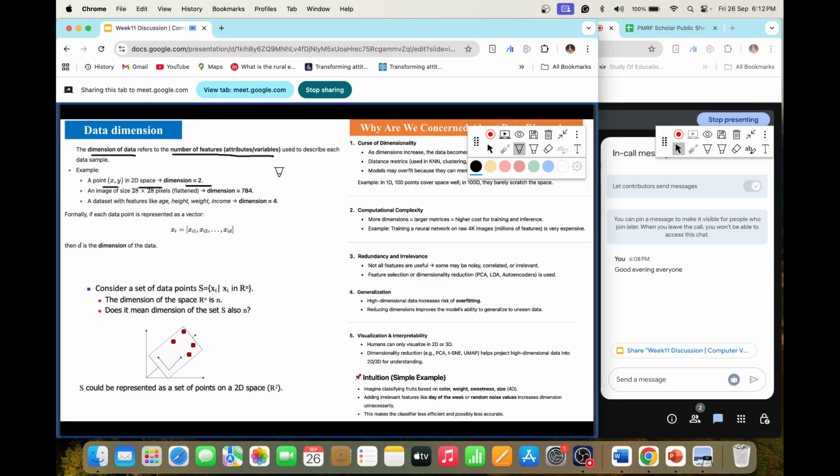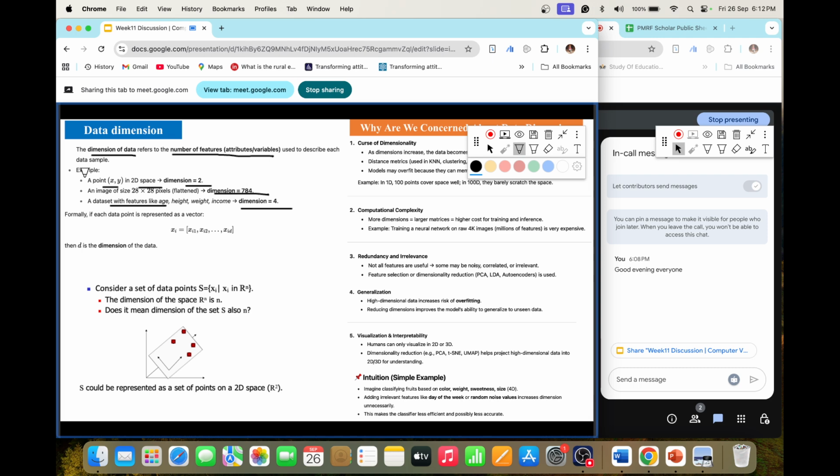That is what is known as the dimension of data. An image of size 28 cross 28 pixels flattened has dimension 784. A dataset with features like age, height, weight, income has 4 dimensions. So those are different examples of dimension.